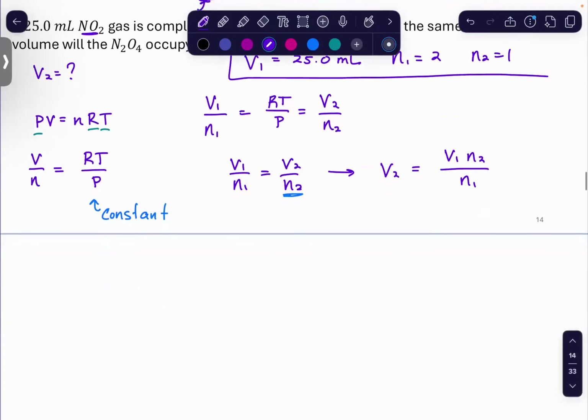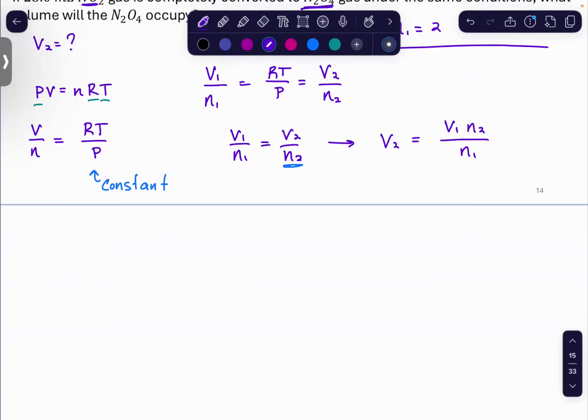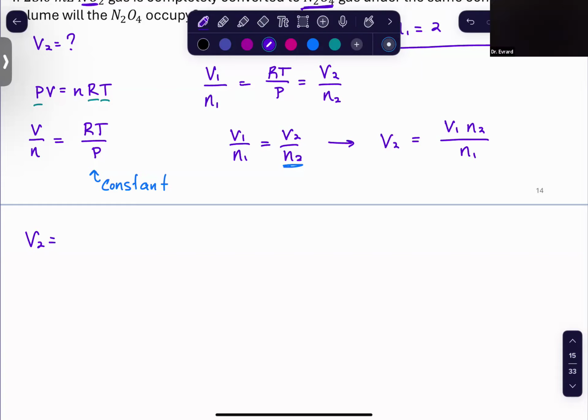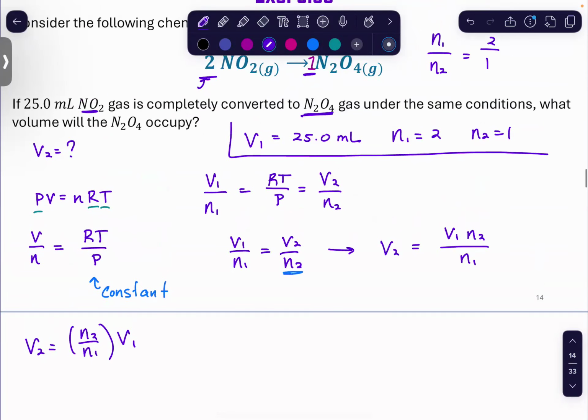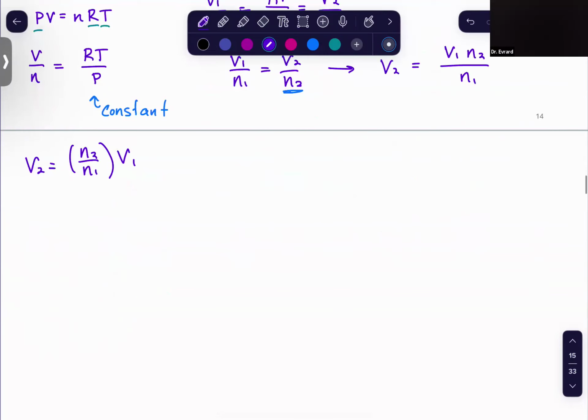Now let's simplify this a little bit more before we start plugging in numbers. So I could say V2 is going to be N2 over N1 times V1. I know from my stoichiometry, N1 is 2 and N2 is 1.